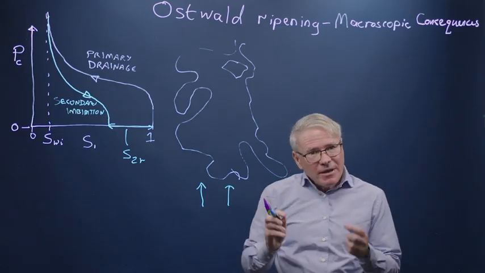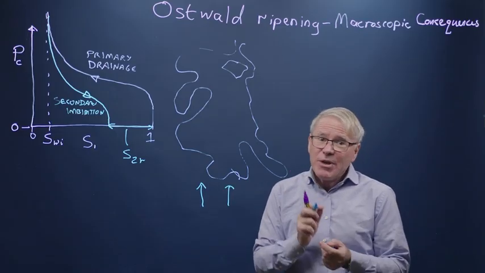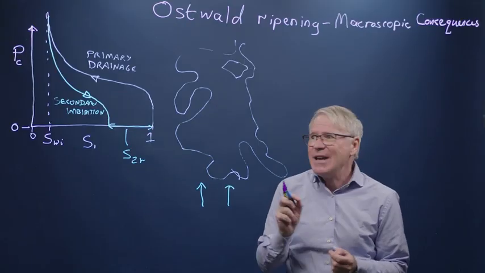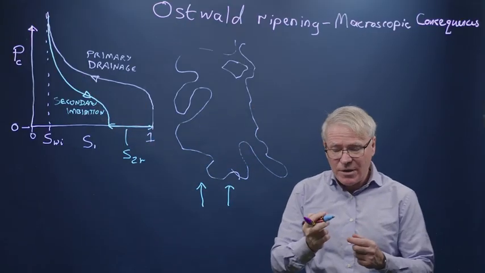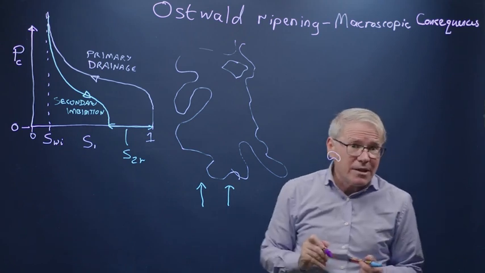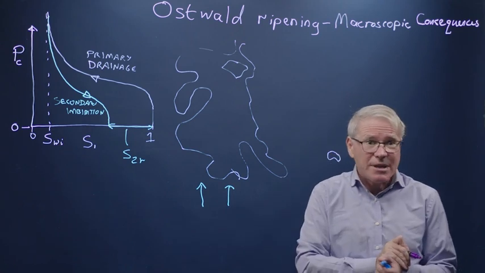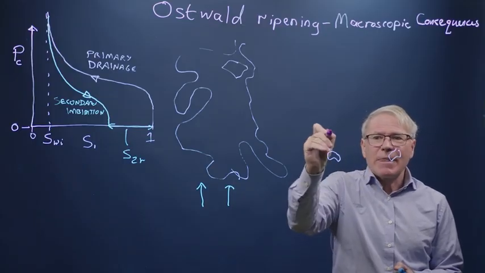Initially, you will trap some ganglia, but they'll tend to be small ganglia, and you trap at quite a high capillary pressure, so early on in the displacement. So you're going to have some ganglia, and they will tend to be small, and they will have been trapped at a high capillary pressure, okay?